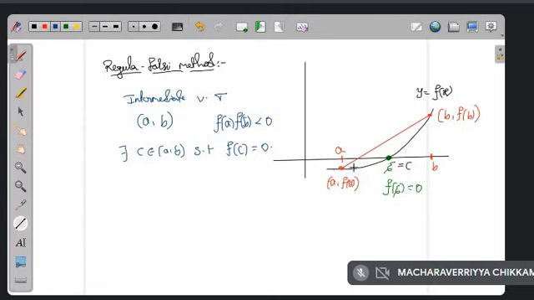Our first approximation to the root is where the secant line intersects the x-axis. So this is the original root and our first approximation is x0. So x0 is the point of intersection of the secant with the x-axis.